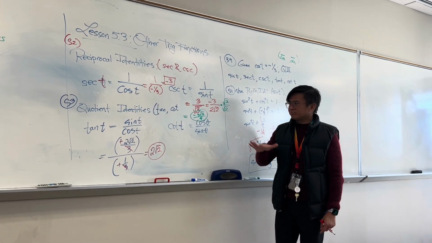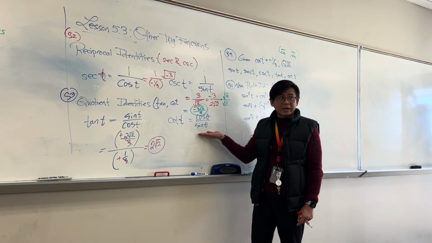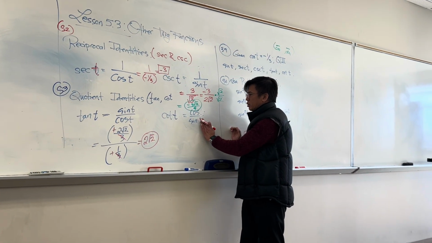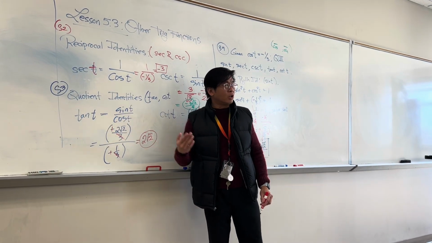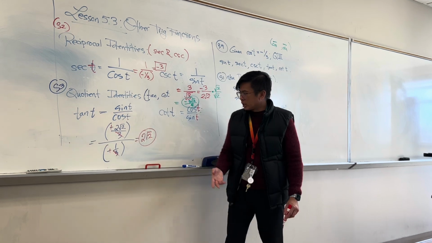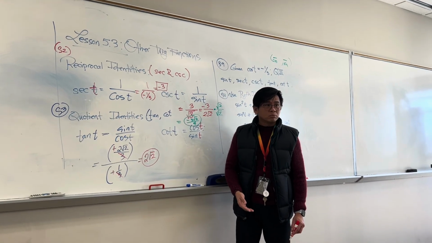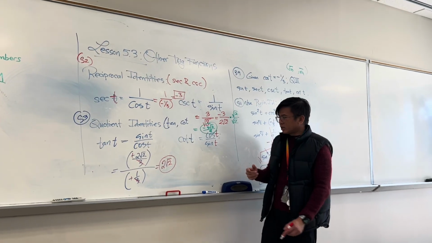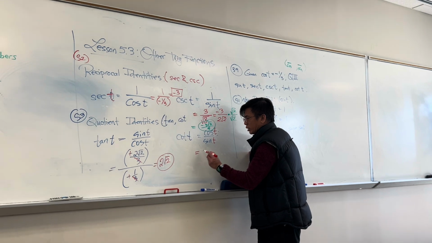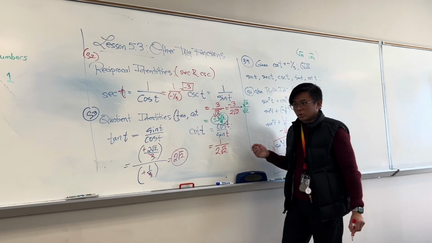Well, lastly, we can think of cotangent as cosine over sine of t. We can also think of cotangent as just the what? The reciprocal of tangent. Good? So in short, if you just think of this as the reciprocal of that, right? What you're gonna do? You see this one? Just flip it, right? Get the reciprocal of this. So cotangent t is what? 1 over this one, 2 square root of 2.